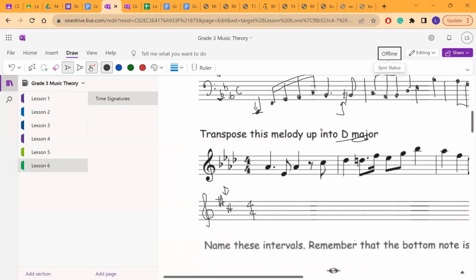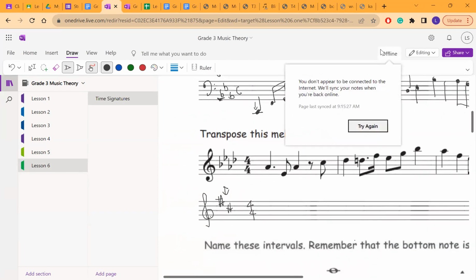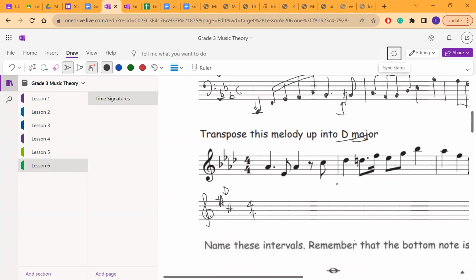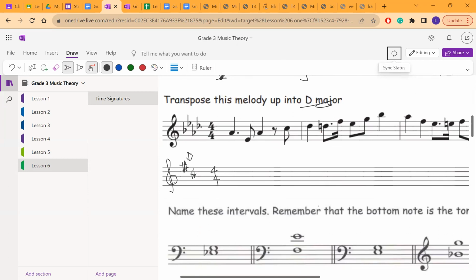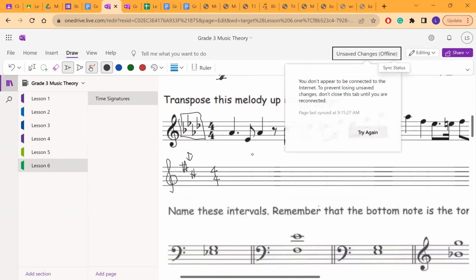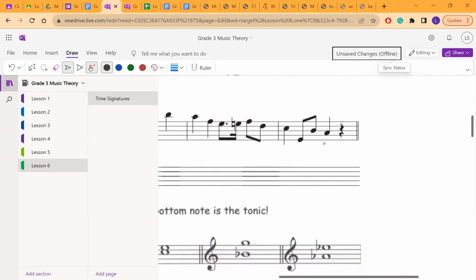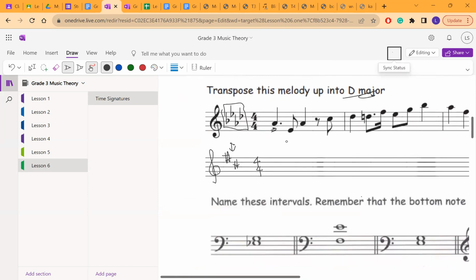Okay, this melody, what is the key? A flat major, because 4 flats, starts on A flat, ends on A flat, so it's in A flat major.